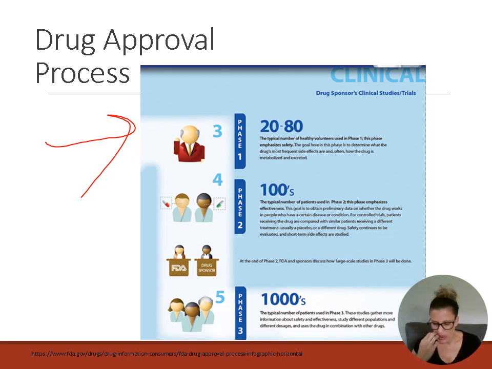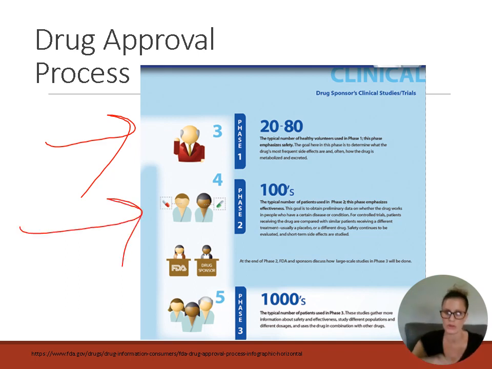Once that's shown, then the drug company moves on to phase 2 clinical trials. This is done in hundreds of patients, so now you bring in more people, and these patients actually have the disease. So the idea here is to show that the drug actually works, that it's effective, or it does what you want it to do.